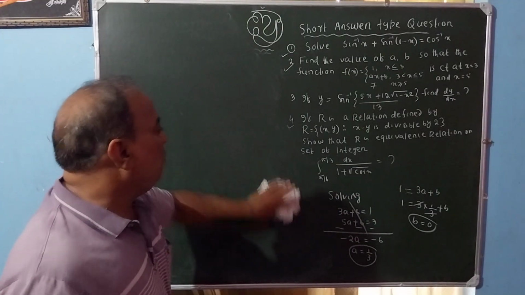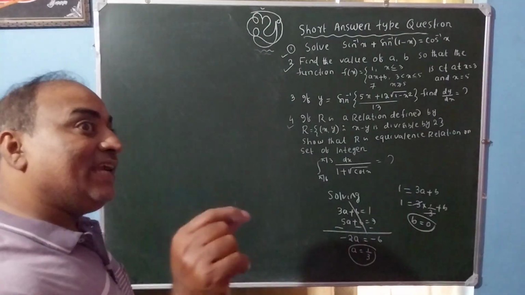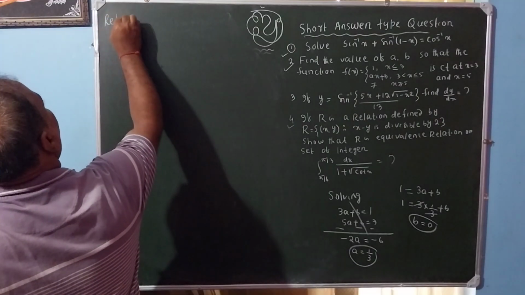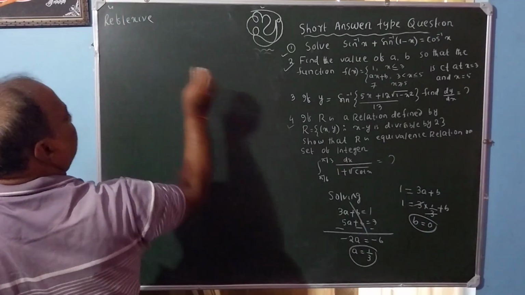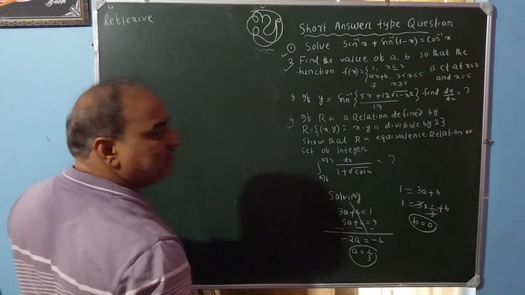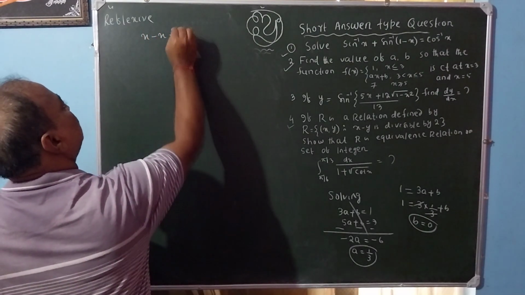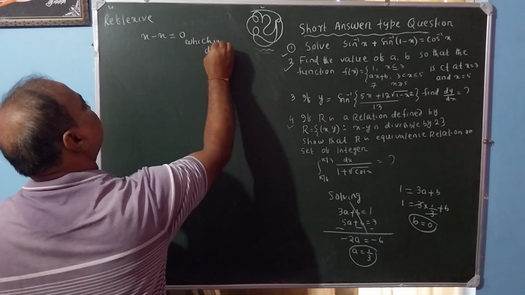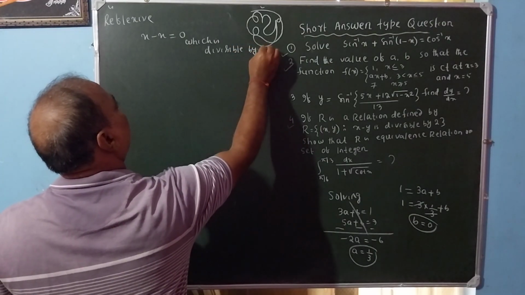Now we have to check reflexive. Reflexive means x is related to x for all x belongs to Z. Write down reflexive. Question number 4. The relation x related to y means x minus y is divisible by 2. So x minus x is equal to 0, which is divisible by 2.